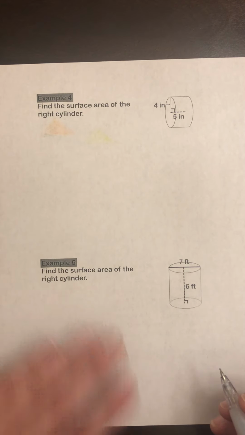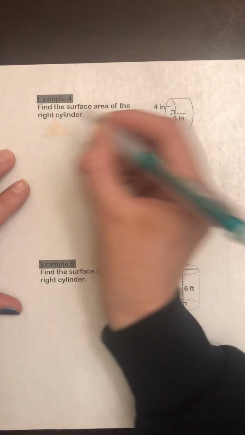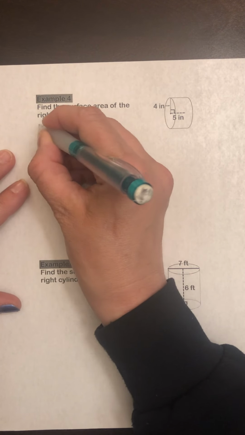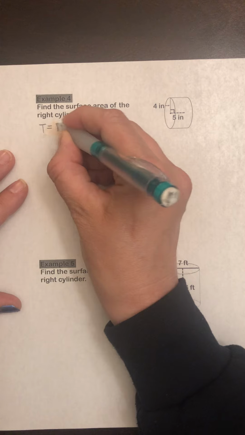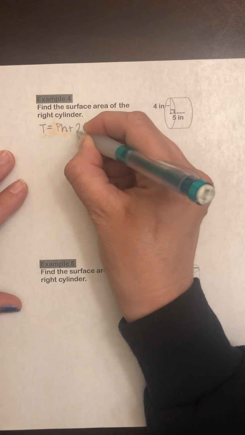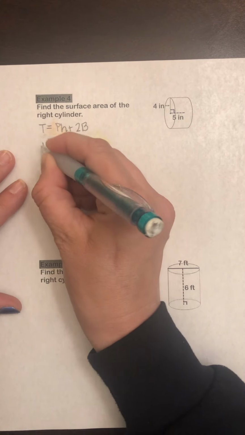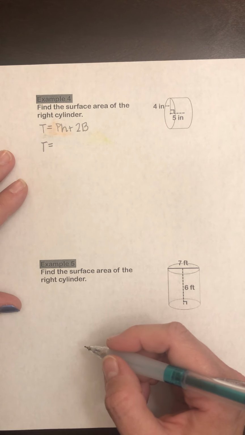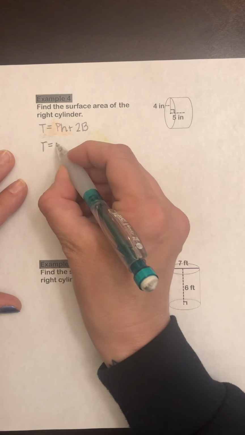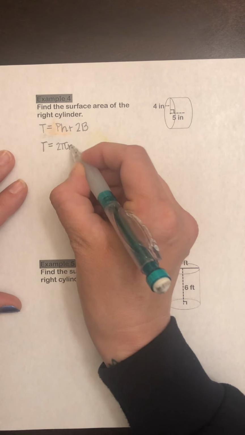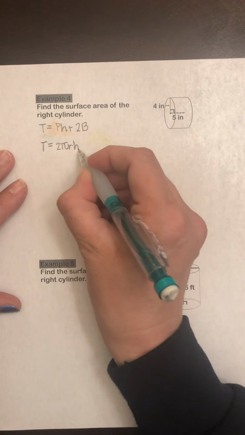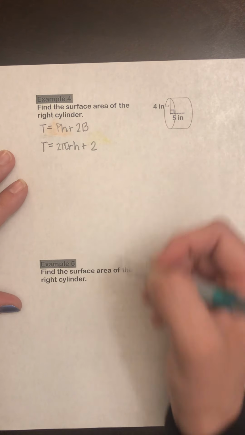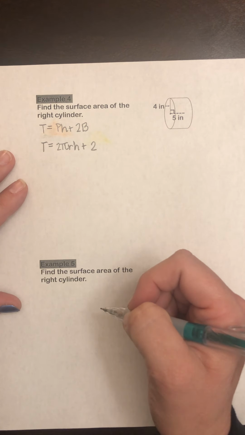All right, so we're going to find the surface area of this cylinder. Real quick, I am going to write this down. Perimeter, we can't have perimeter of a circle, that's circumference. So circumference is 2 pi r, then I still have the h, then I have 2 times capital B. Remember, capital B means area of the base.